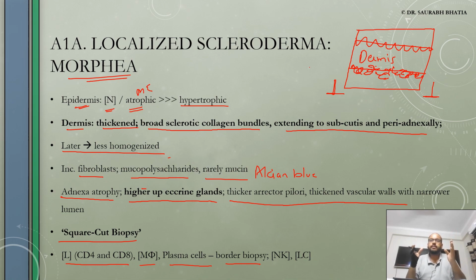When a dermis undergoes sclerosis and tightening, the inflammatory cells might not be that prominent because there is no space for them to stay. So they are found majorly at the edges where the inflammatory activity is ongoing. So it's a good idea to take a biopsy from the edge of the morphea, not from the center, or you will see only sclerosis, no inflammatory activity. Other cells you can see are natural killer cells and Langerhans cells.